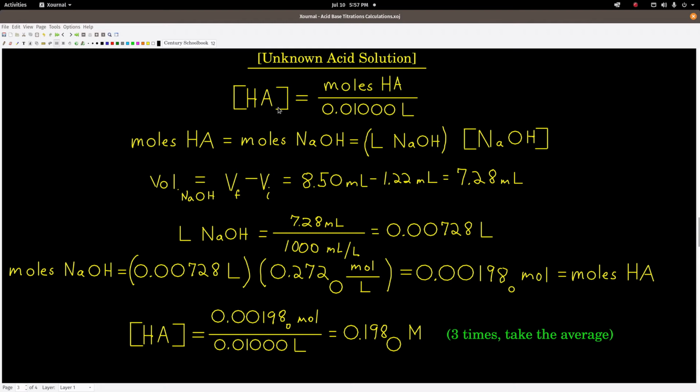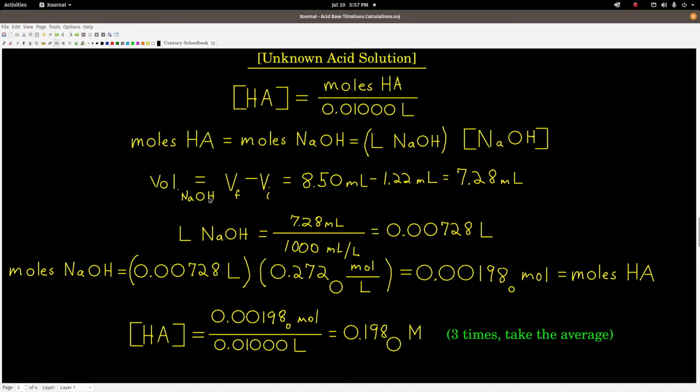We get the moles of sodium hydroxide by taking the liters, the volume that we added at the endpoint, times the average concentration that we got from the first part, the standardization part of this lab. Liters times moles per liter gives us moles of sodium hydroxide, and because the acid is monoprotic, that's equal to the moles of the acid at the endpoint.